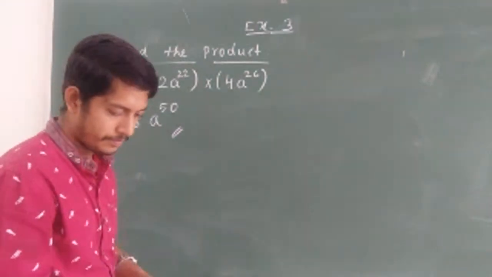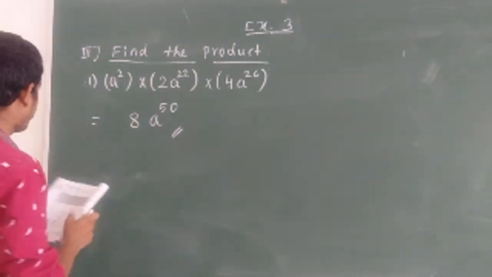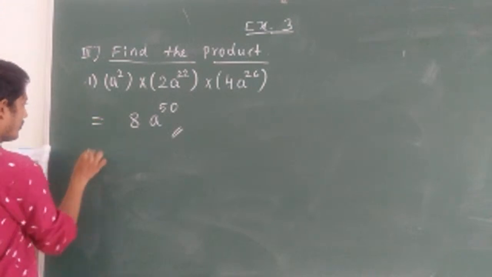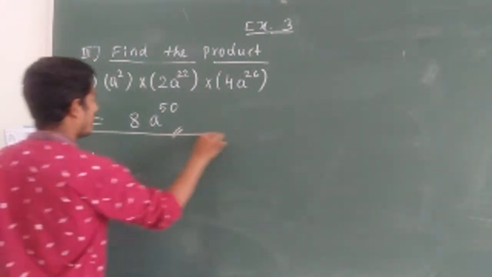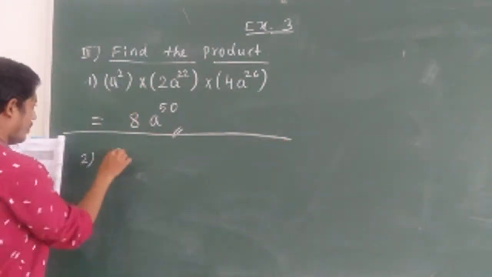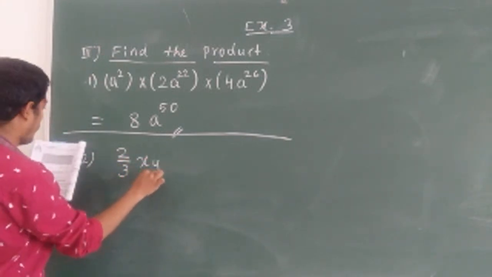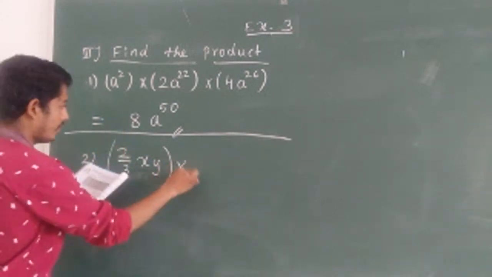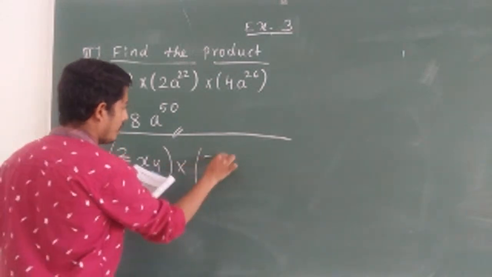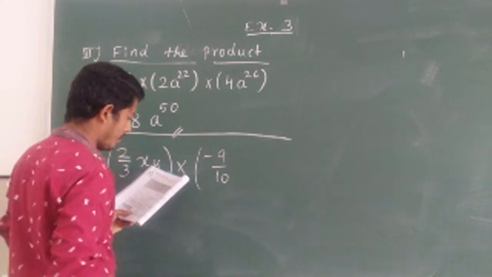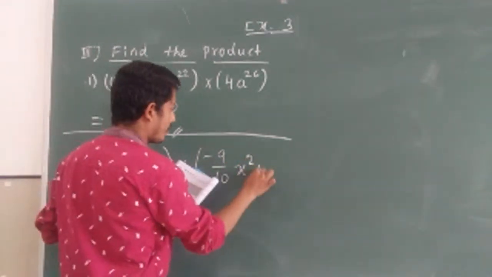Next one. 2 by 3 xy into minus 9 by 10 x square y.